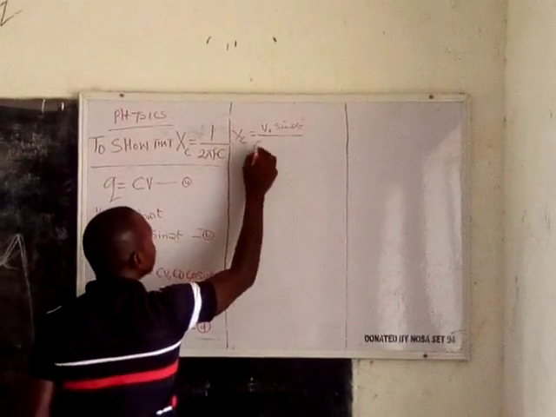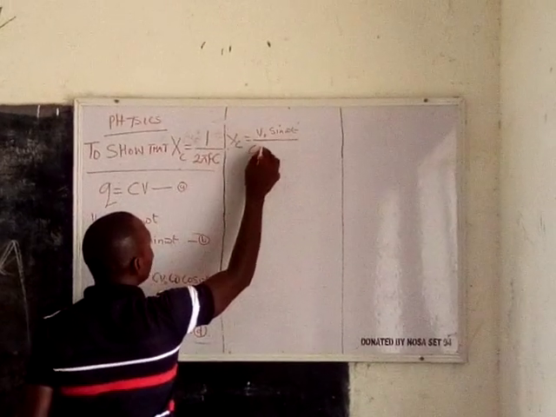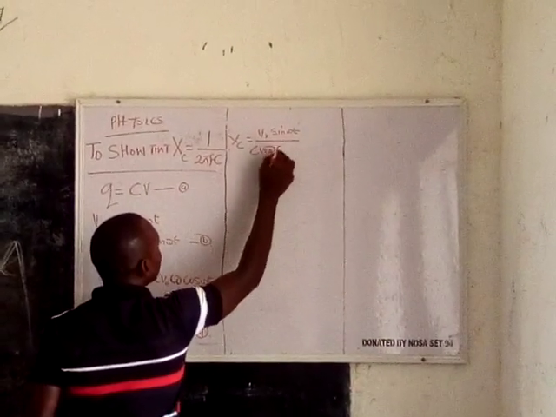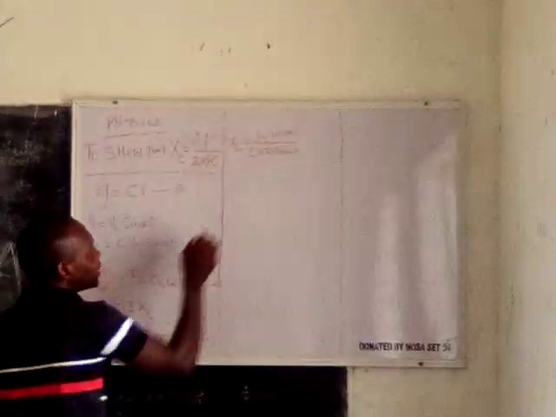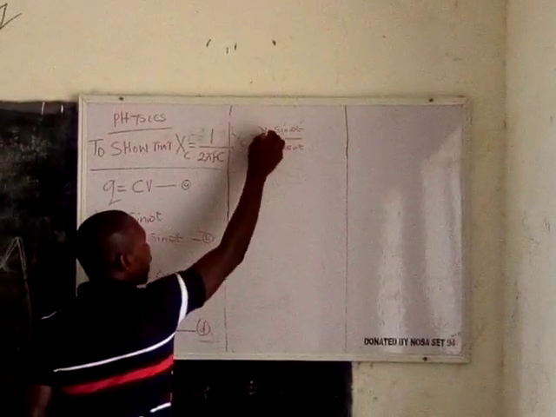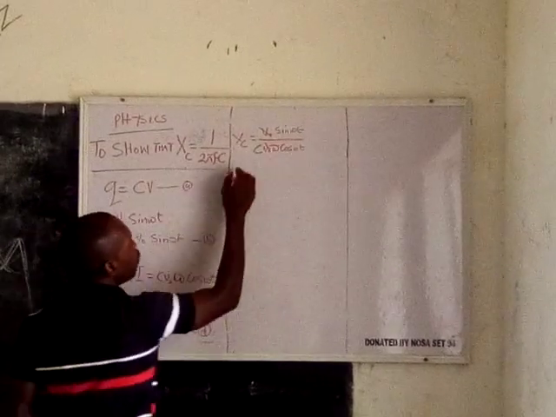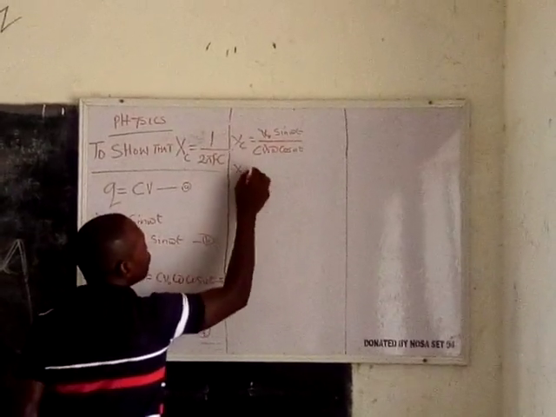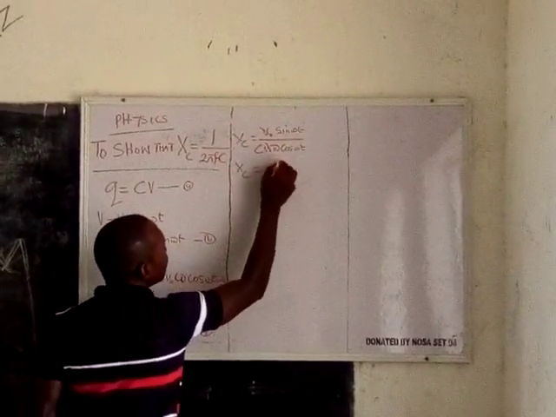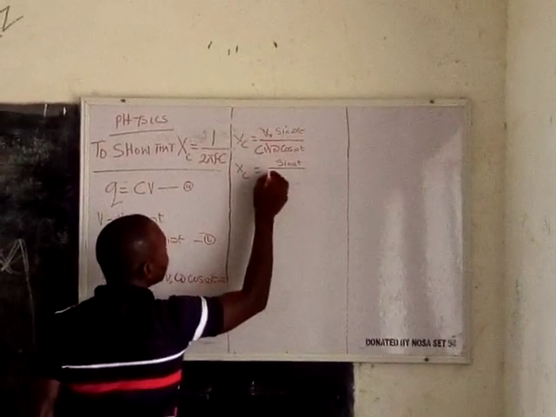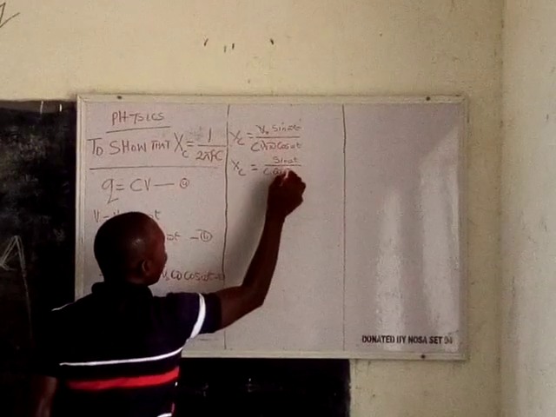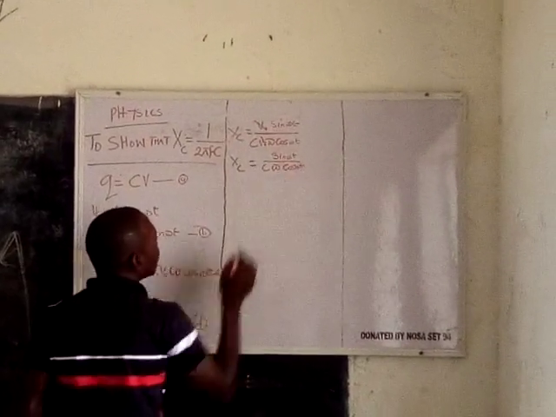Now this V naught, strike out V naught. You are left with Xc equal to sine omega t over C omega cos omega t.